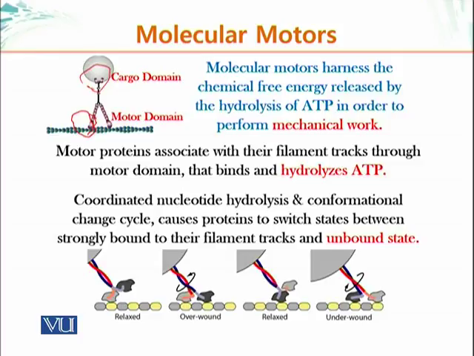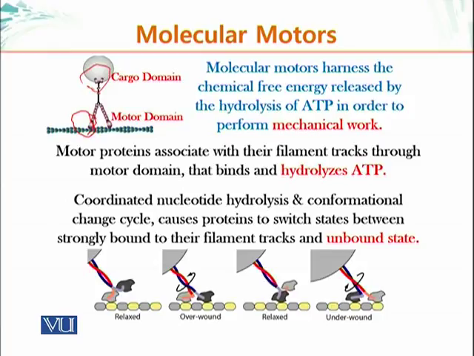The coordinated nucleotide hydrolysis and conformational change cycle causes motor proteins to switch states between strongly bound to their filament tracks or unbound. In this diagram, for example, you have this motor protein. The two heads, although they are identical, just to identify which head is in the forward position or attached to the filament and which head is not, we have colored them differently.